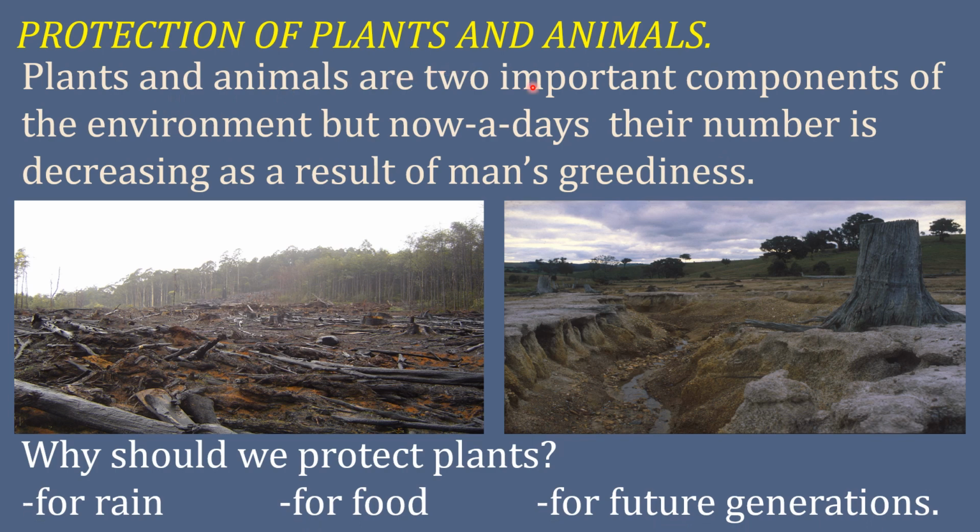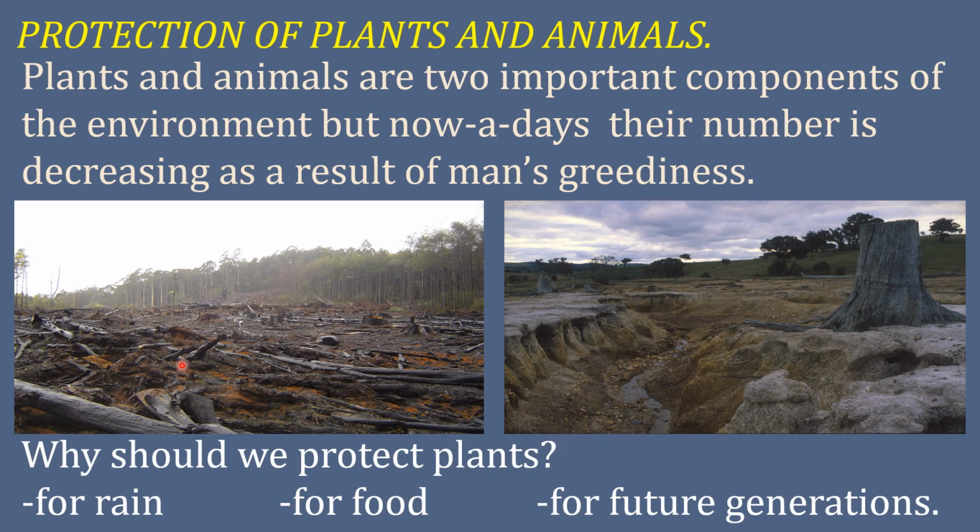Protection of plants and animals. Plants and animals are two important components of the environment, but nowadays their number is decreasing as a result of man's greediness. Okay, what do you think about that, children? Yes, deforestation. You remember deforestation? Deforestation means cutting the trees and building buildings there, isn't it?